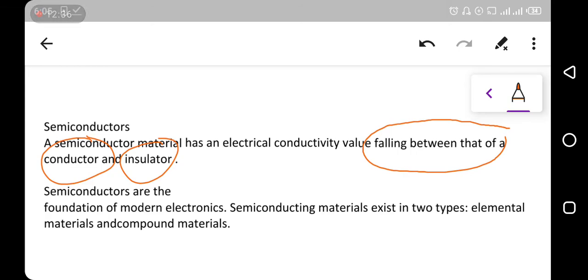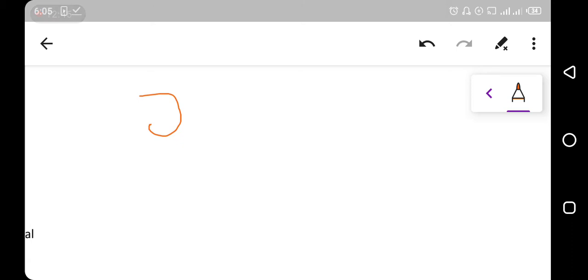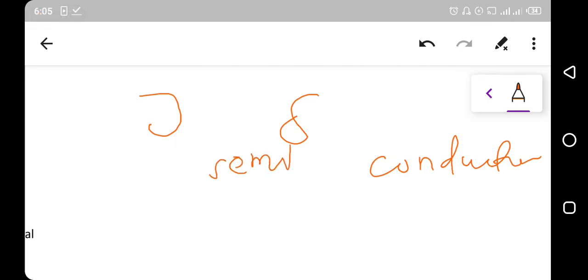For example, let's say the electrical conductivity is sigma. We have the conductor, we have the semiconductor, and we have the insulator.